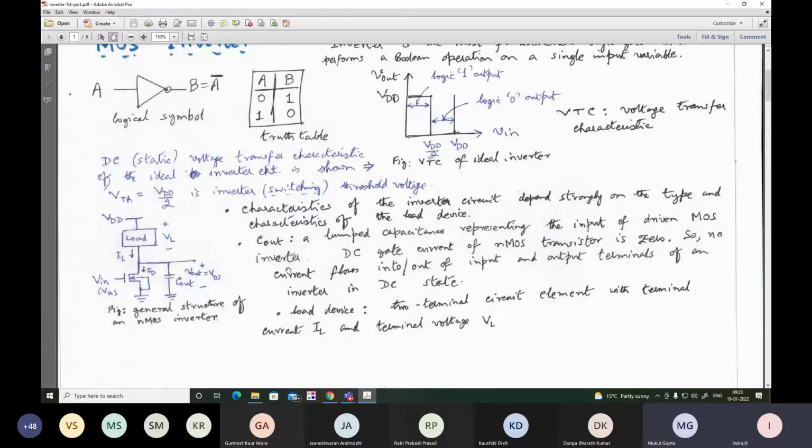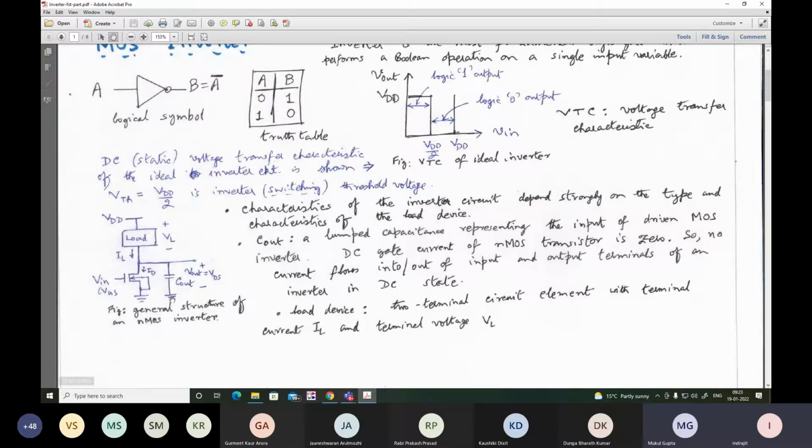And Cout is the capacitive load at the output. This capacitive load can be different things. It refers to the input impedance of the driven load, which can be another inverter or another gate. Also, a part of the Cout is accounted for by the interconnection capacitance.